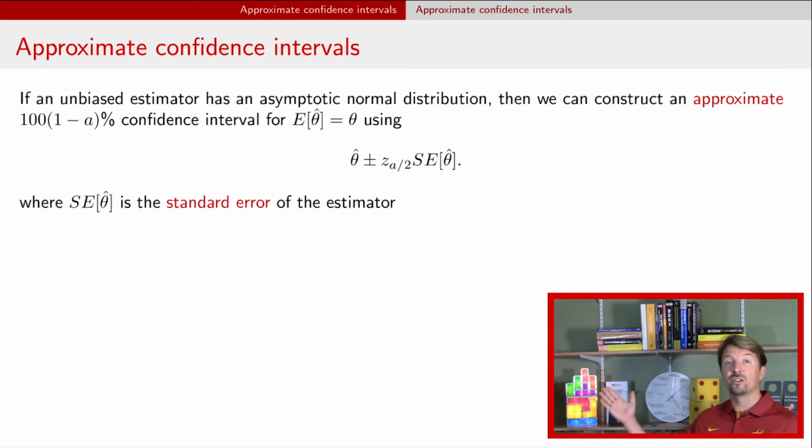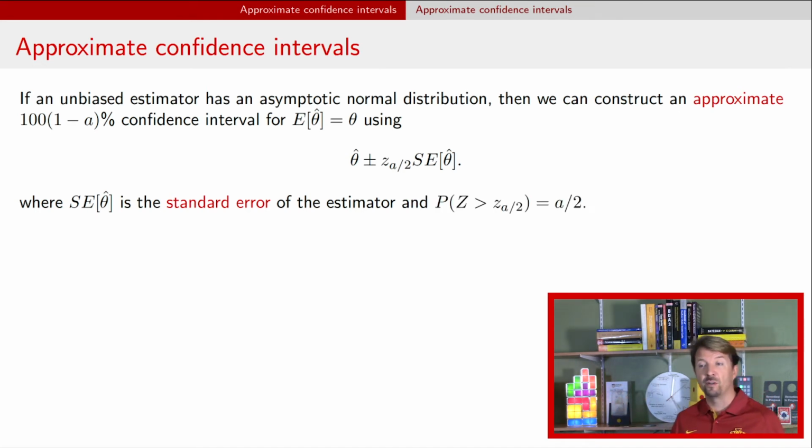And this z critical value is found by just saying, well, that's the value such that the probability that a standard normal random variable is greater than it is in fact the correct probability, alpha over 2. All right, so this formula says, look, find the estimator, find its standard error, and then compute the approximate confidence interval by taking the estimate plus or minus an appropriate z critical value times the standard error.